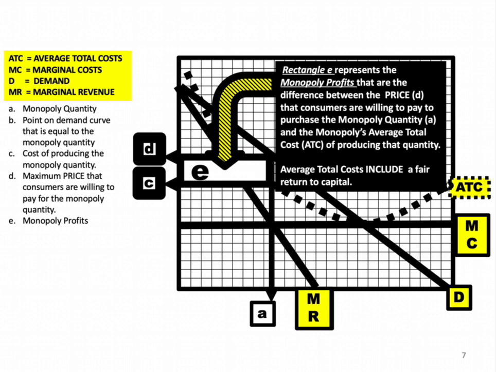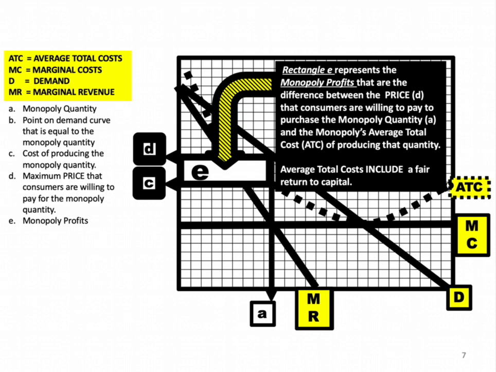Okay, then we looked at the monopoly and how it creates monopoly profits because there are no competitors. And we looked at the fact that the monopoly wants to produce where its marginal cost is equal to its marginal revenue, okay, at that quantity.